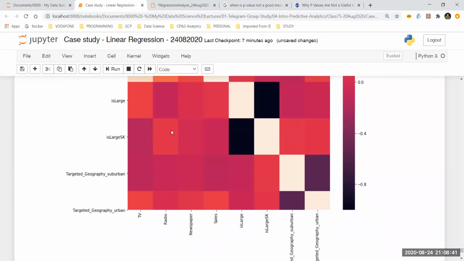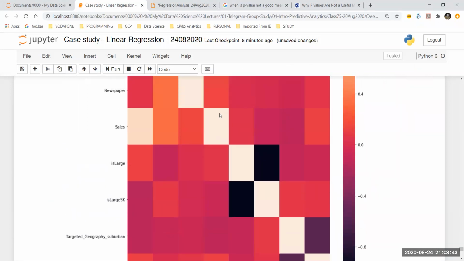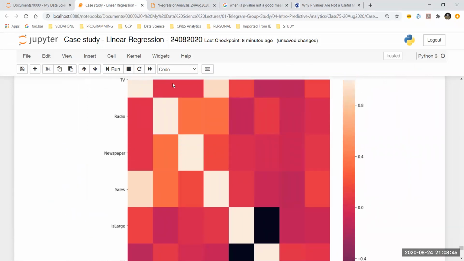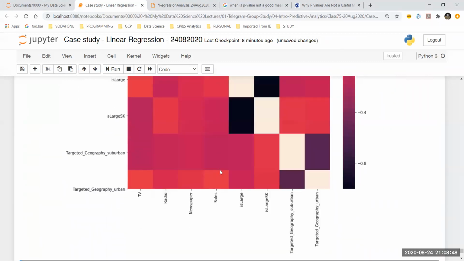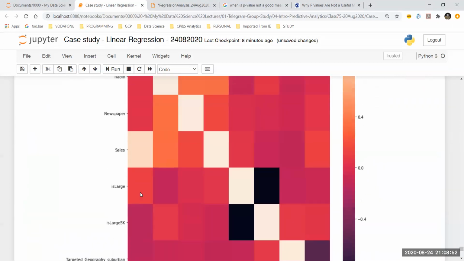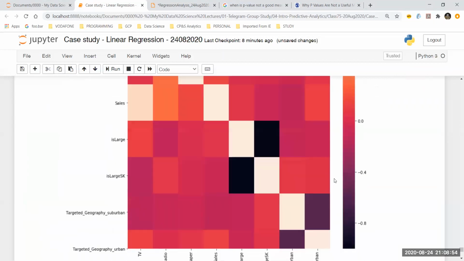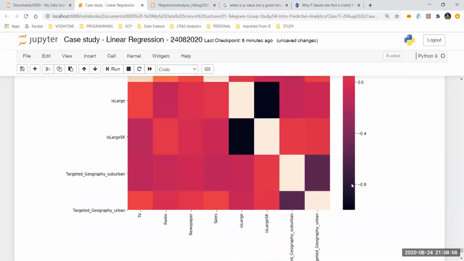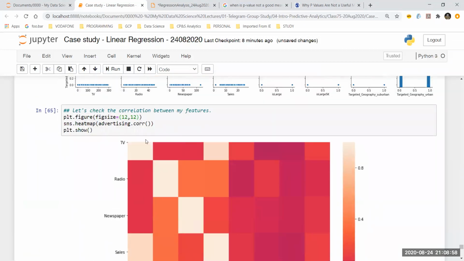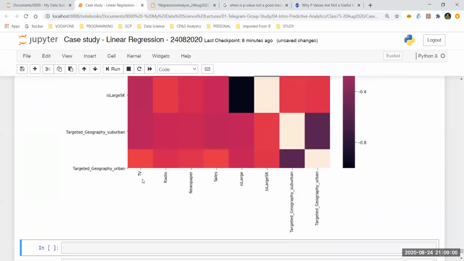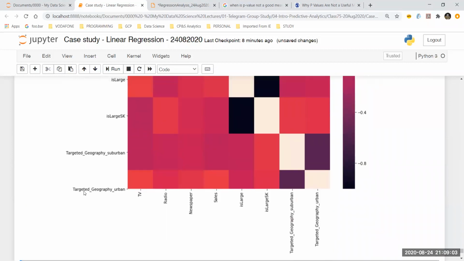Yeah. So if I ignore sales, sales is this column. It is 1, 2, 3, 4. The fourth column is sales. You see over here, it is sales. Now, if I look only at TV, is there any strong relationship? A strong relationship is given by either a very dark color or a very light color. Obviously TV is correlated with TV. That is quite obvious. But look at this.